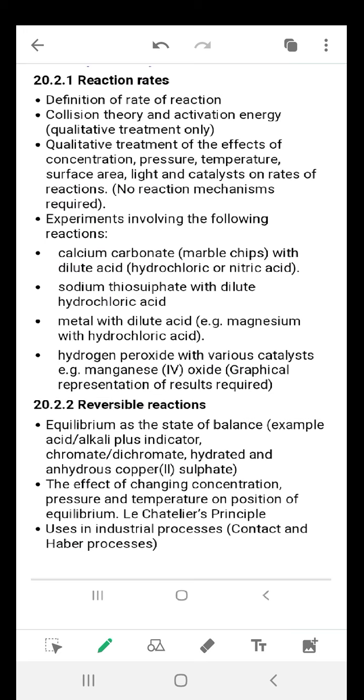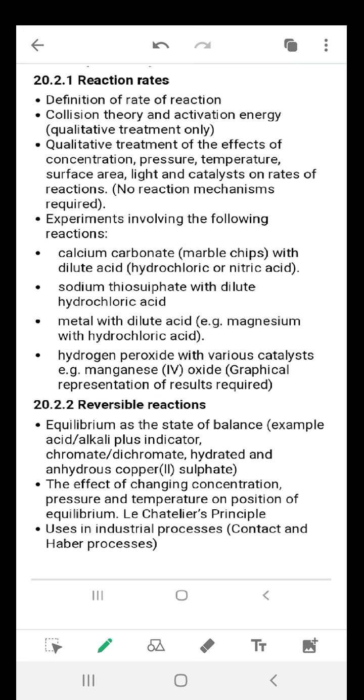Then we shall look at the reversible reaction, the second part of this topic, where we'll look at equilibrium as a state of balance. We'll define equilibrium and some other terms. Then look at the effects of changing concentration, pressure, temperature on position of equilibrium.